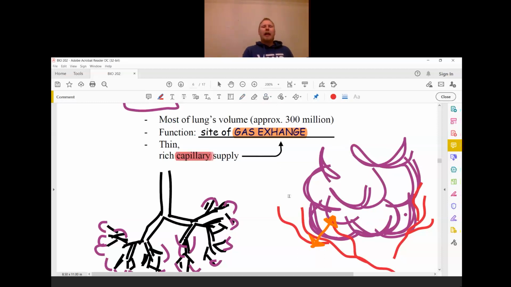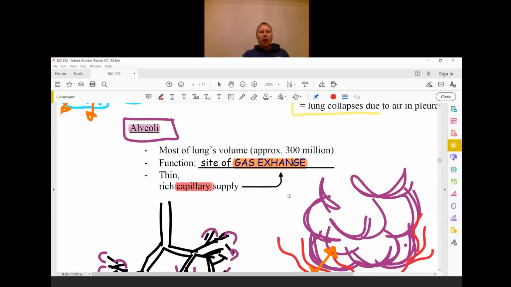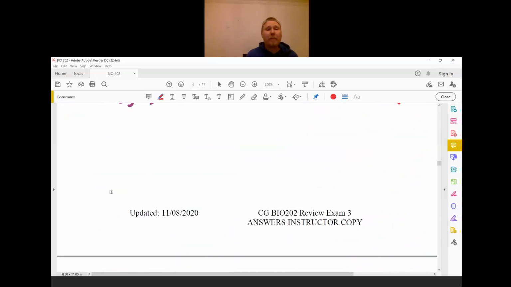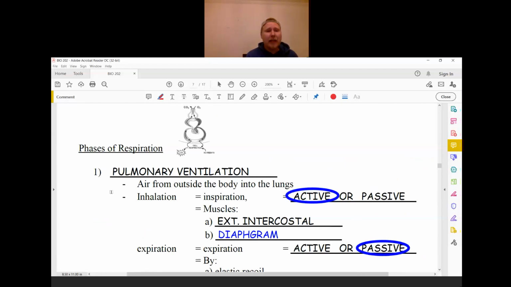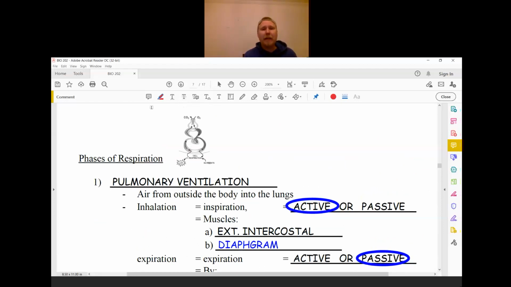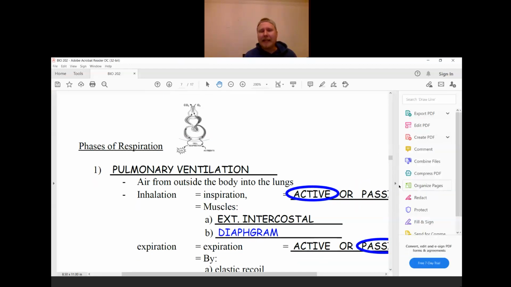Okie dokie. That covers about the anatomy of the respiratory system, and next we are ready to move on to have a look at a little bit more of the physiology side of things. So we're gonna start by discussing the four phases of respiration.